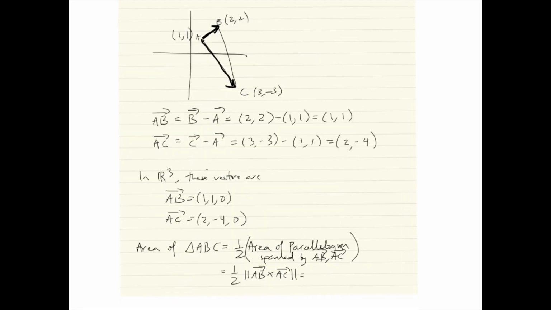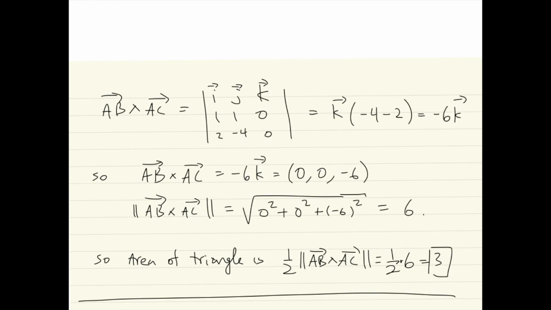So the area of triangle ABC is 1/2 the area of the parallelogram spanned by AB and AC, and we've seen that that area of the parallelogram is the cross product of AB and AC, followed by the magnitude or norm. So on the next page, I'm going to take these vectors, throw them into a big matrix that computes the cross product, and then I'll have to take the norm.